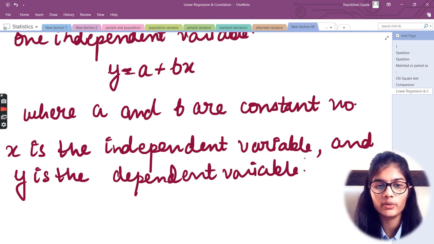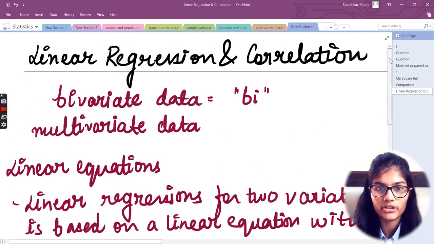Basically we choose which value we need to substitute for the independent variable, and then we solve for the dependent variable, right? In that similar case, x is the independent variable and y is the dependent variable which we have here, right?